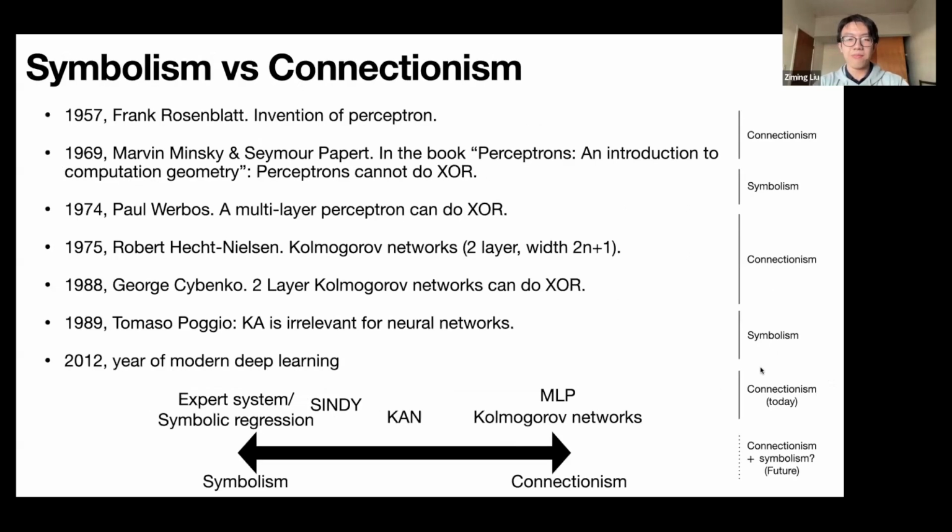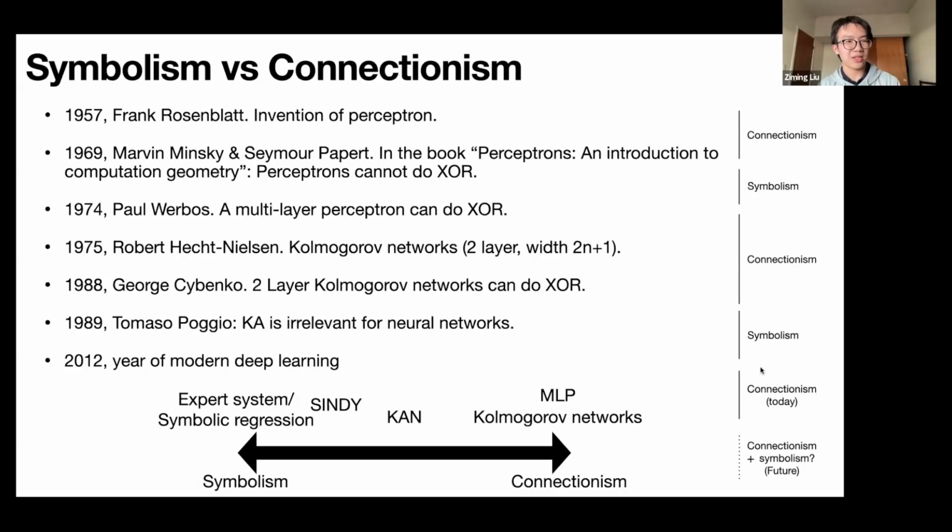Well, maybe we can also learn something from history. In the history of machine learning, even before the term machine learning was coined, well, AI was coined way earlier than machine learning, there was this swing back and forth between symbolism and connectionism. So in 1958, Frank Rosenblatt invented the first perceptron, showing that it can do classification on separable data and also can do some psychological experiments.